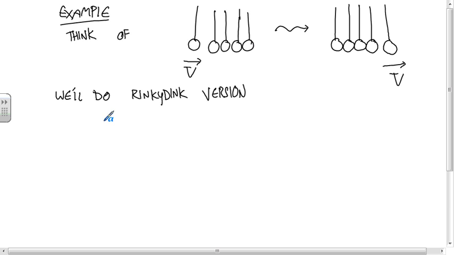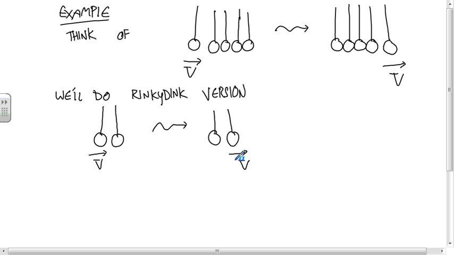So we're going to do the assembly line worker desk toy, rather than the executive. It's going to come in with a speed v, and then this one's going to stop dead, and this one's going to leave with a speed v.